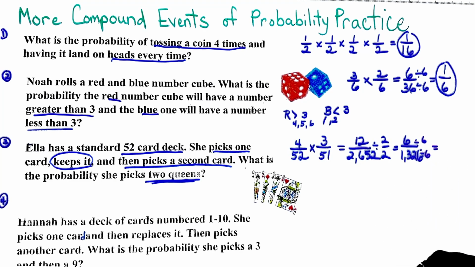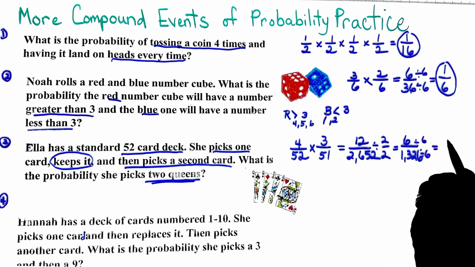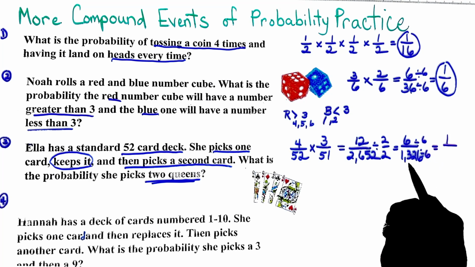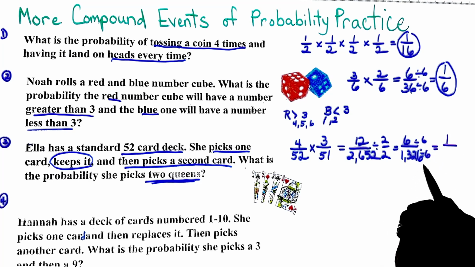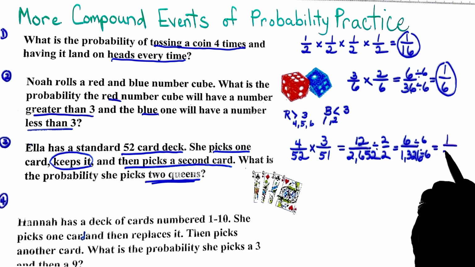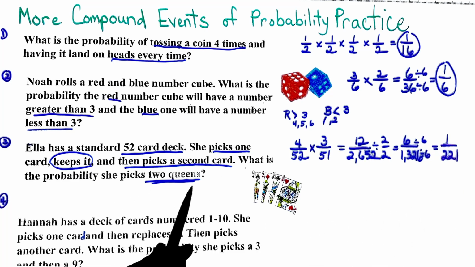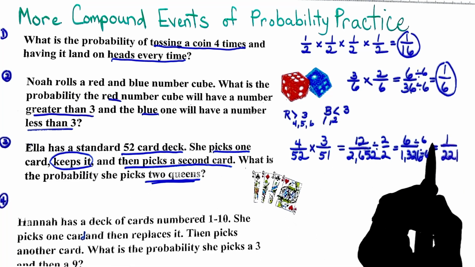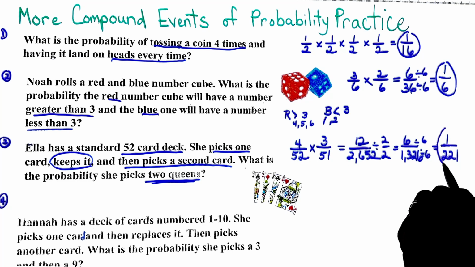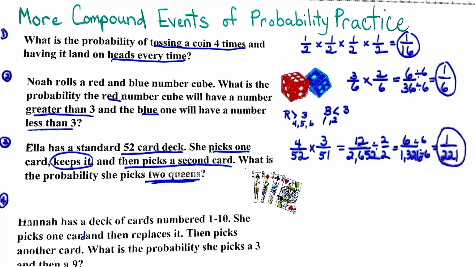And guess what? I was right. 6 divided by 6 we know is 1, and 1,326 divided by 6 is actually 221. So when you're talking about that many cards and you're talking about picking 2 queens, you have a 1 in 221 chance of getting your 2 queens.